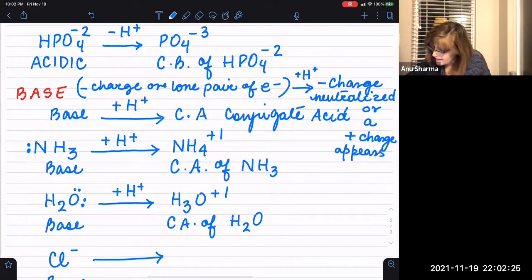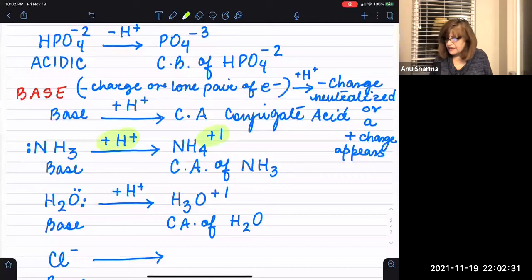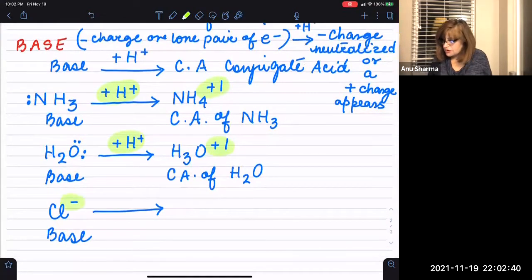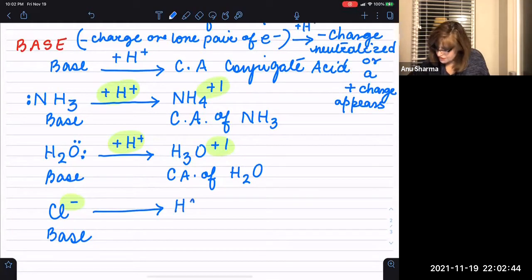As you can see, a positive charge comes when a hydrogen ion is added to a neutral molecule. Now in this case, there is a negative charge, so that is going to get neutralized. So this becomes HCl. When a hydrogen ion is added, this becomes the conjugate acid of chloride ions.